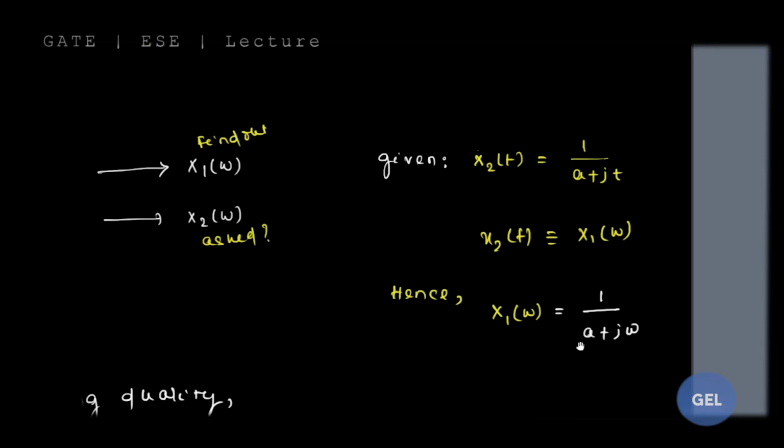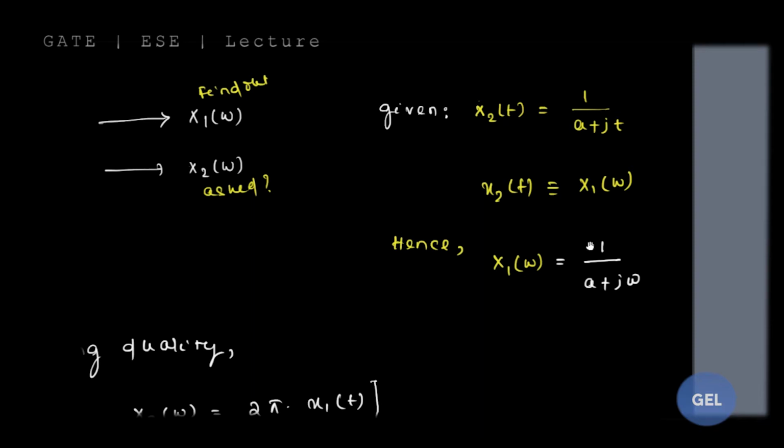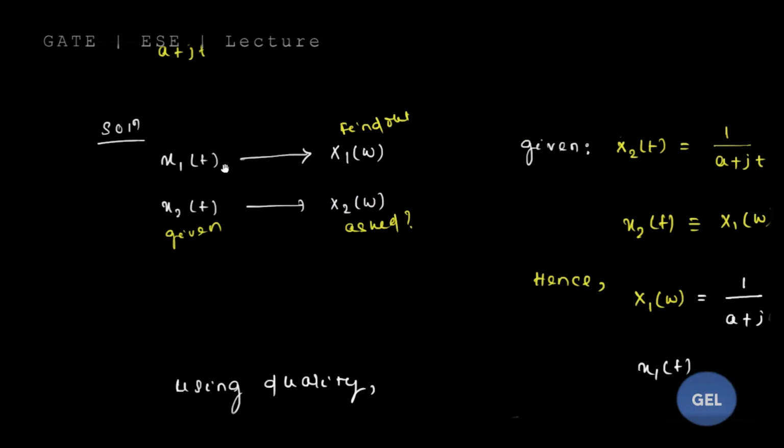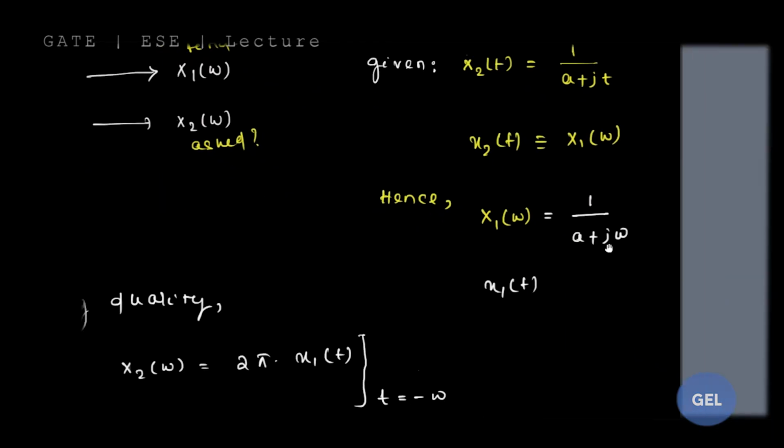Clear? Once you have x1(omega) like this, you can easily find the subsequent x1(t). x1(t) will be e to the power minus at u(t).